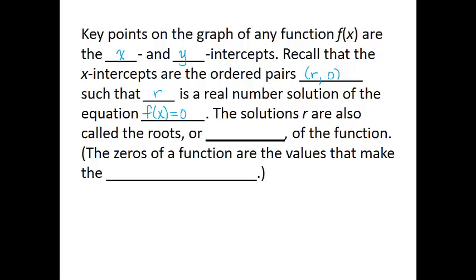The solutions r are also called the roots or zeros of the function. An easy way to think of this is that the zeros of a function are the values that make the function 0. That is, they are the input values that give us an output of 0.